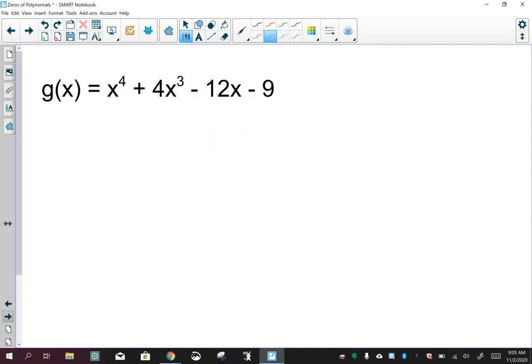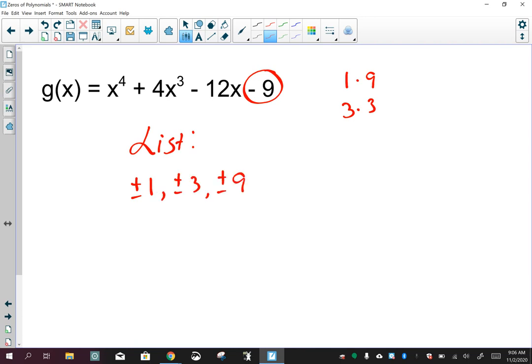For this one, I'm going to take the factors of 9. Remember, everything is going to be plus minus. So I've got 1 times 9 and 3 times 3. So I've got plus minus 1, plus minus 3, plus minus 9. And you're done. So this is just generating that list.